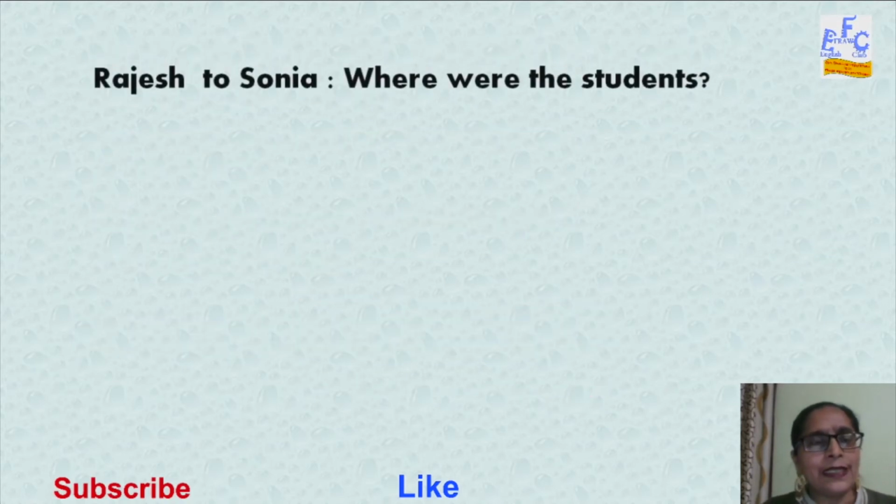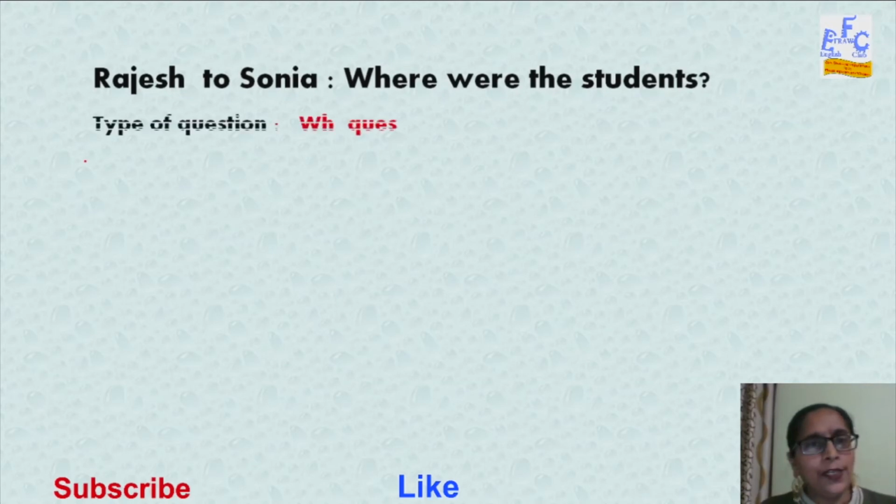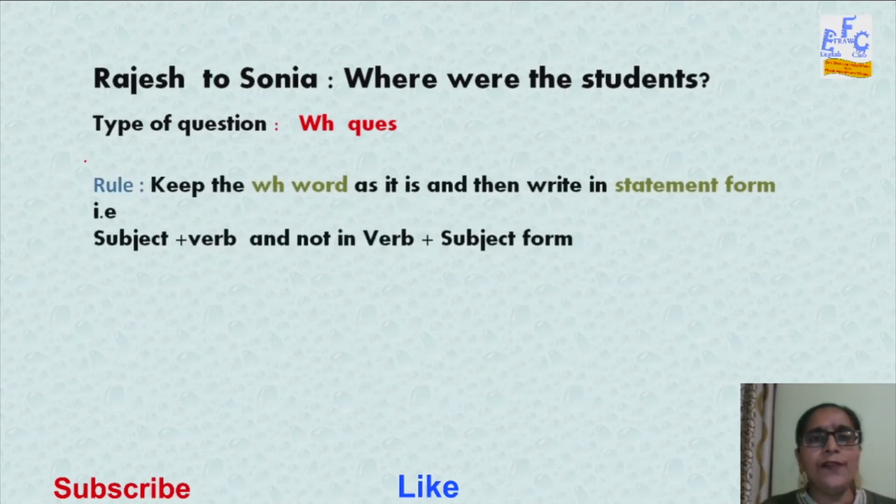Look at this example. Rajesh to Sonia: Where were the students? So, again we need to look at what type of question it is. It is a WH question as it is starting with the WH word where. Further, we need to keep in mind the rule of converting WH word questions to indirect speech.